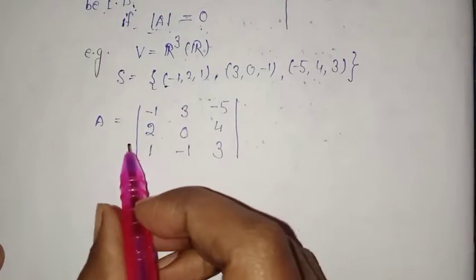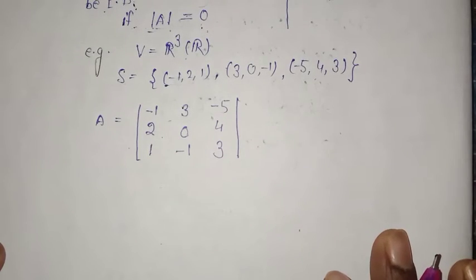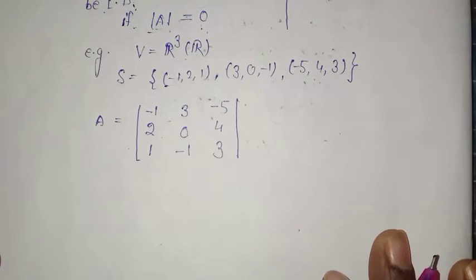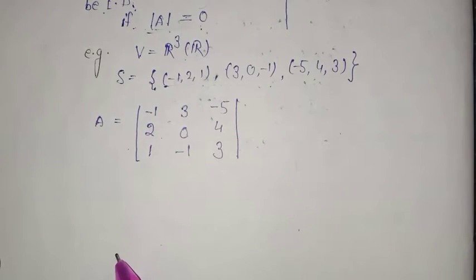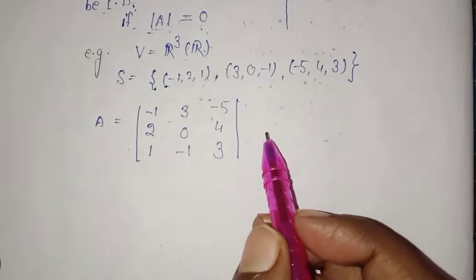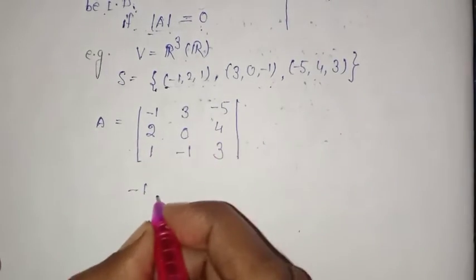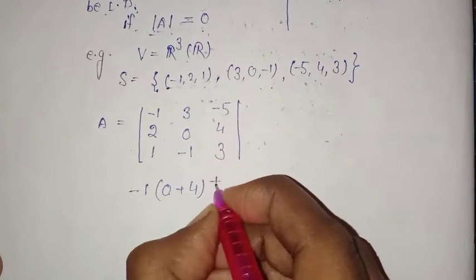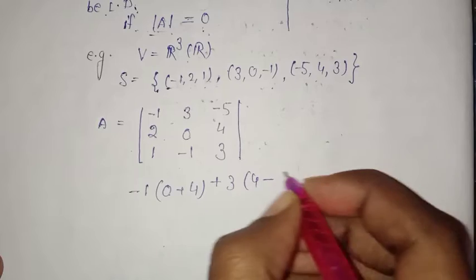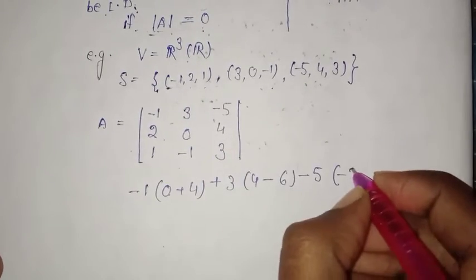Now we will expand the determinant and see that if the determinant is non-zero, we call the set of vectors S LI, and if the determinant is 0, we call the set of vectors LD. So let's see: minus 1 times 0 plus 4, plus 3 times 4 minus 6, minus 5 times minus 2 minus 0.